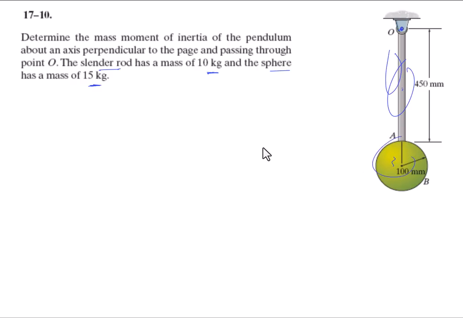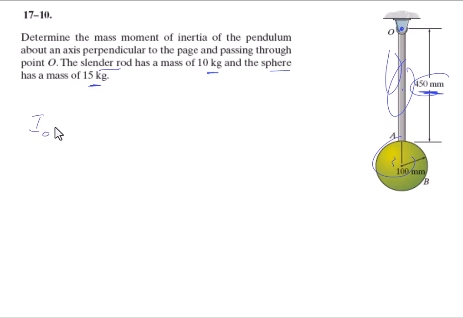So the moment of inertia of this slender rod is given by 1 over 12 m l squared. This is L, 0.45, and the moment of inertia of the sphere is given by 2/5 m r squared. So we use the parallel axis theorem.